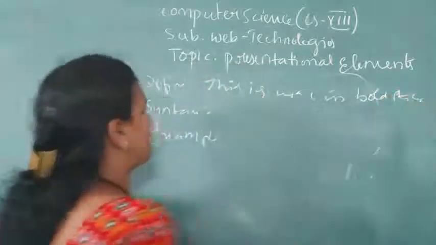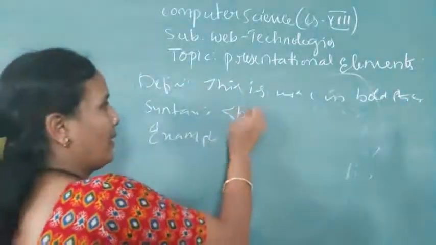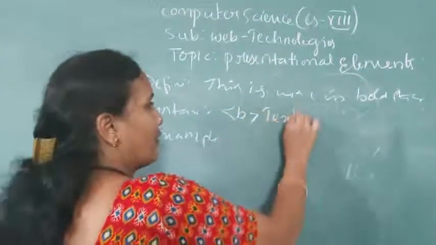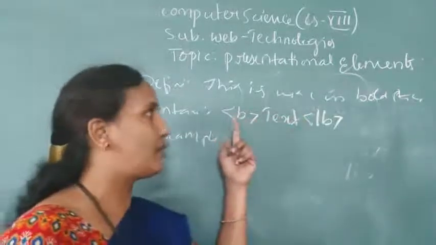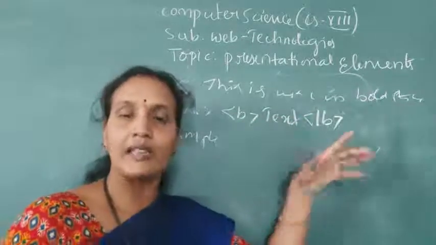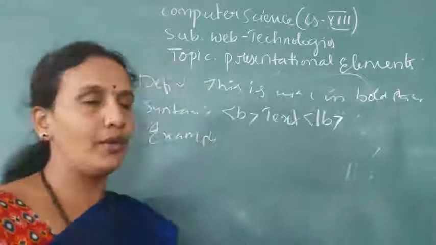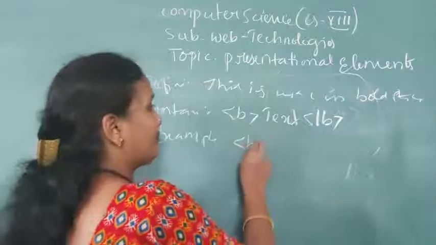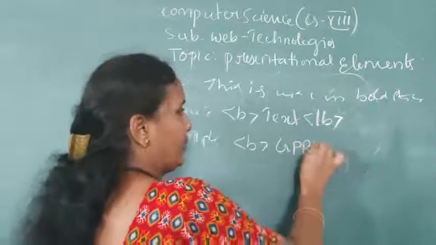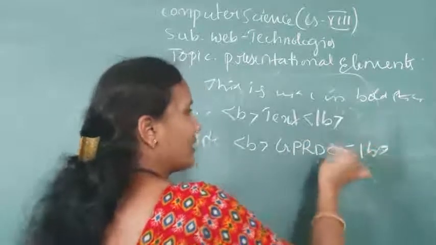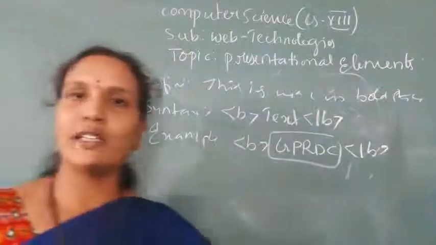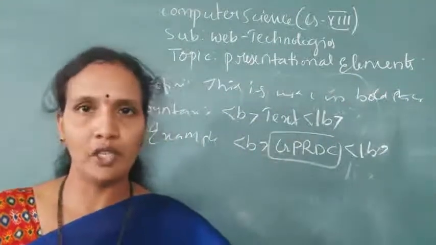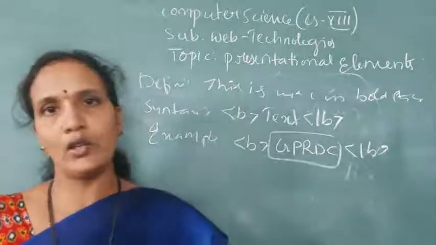The syntax is B, text, and you give a one-line definition: whatever text you enclose between a B opening and closing tag will be displayed in bold face. Then you give the example, GBREC. So this text is displayed in bold face. Like this, for each and every tag, you give the definition, the syntax, and the example.